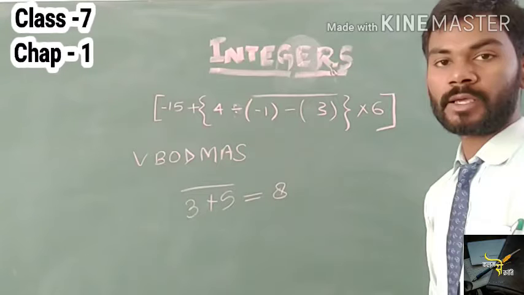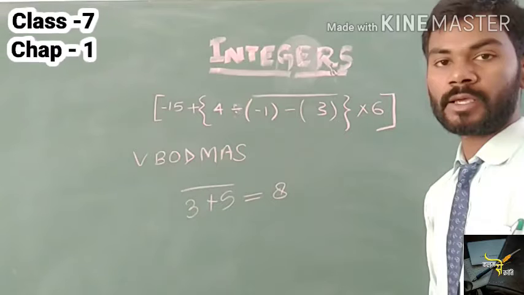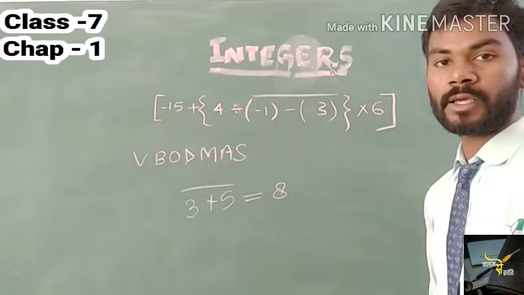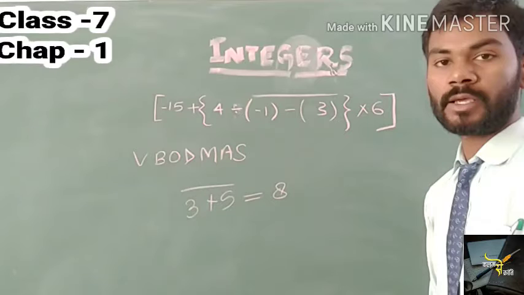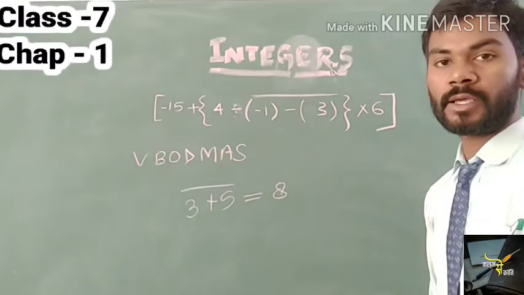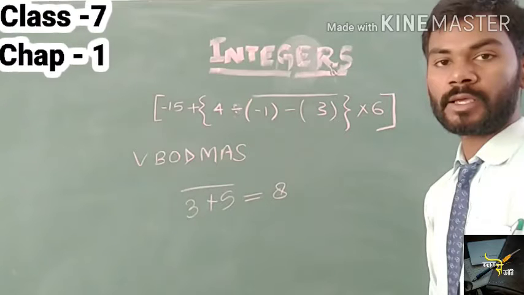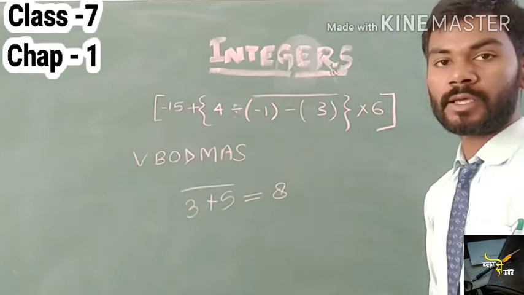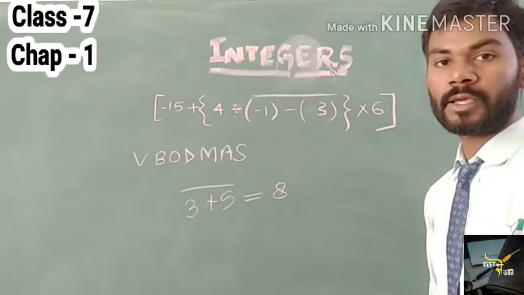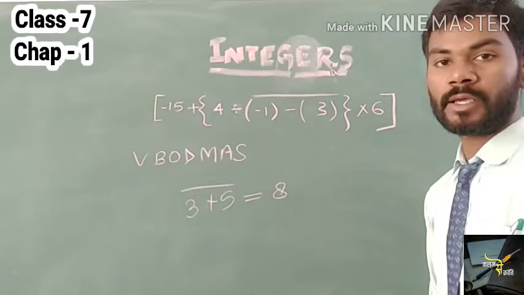In the next step we shall get minus 15 plus 4 divided by minus 4, multiplied by 6. Here 4 and 4 cancel out and give us 1. As I told you, in the division of integers, if the dividend and divisor have different signs, then the quotient will be negative.